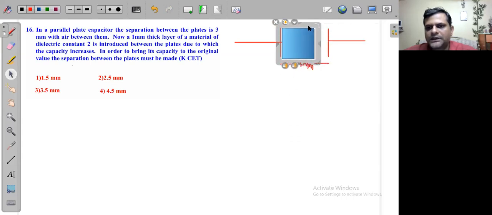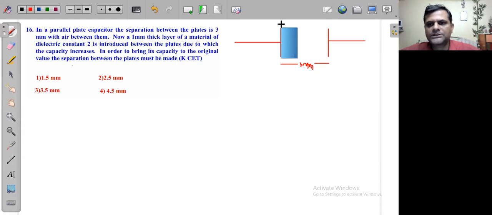Suppose this is the layer of 1 millimeter. Okay, so this distance is 1 millimeter. So the remaining distance will be 2 millimeter, right? So because of that its capacity will increase, no doubt. But now in order to bring the capacity to the original value, the separation between the plates must be made.